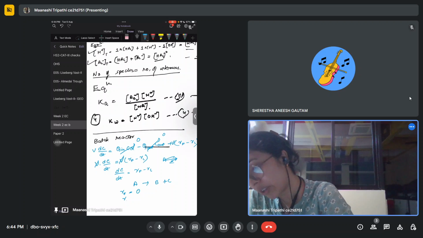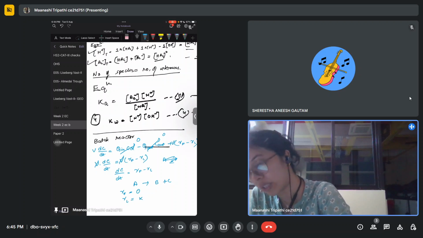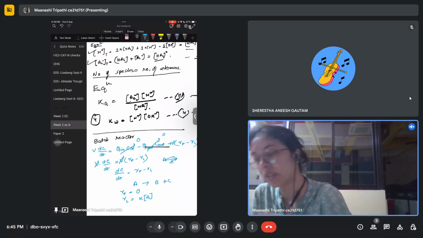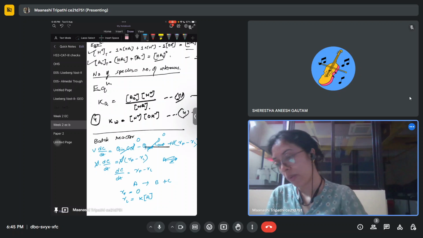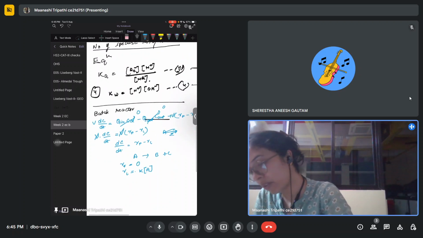What is the rate of loss of A? It will be a rate constant, and it will depend upon the concentration of A. Okay, let's put this in the equation.